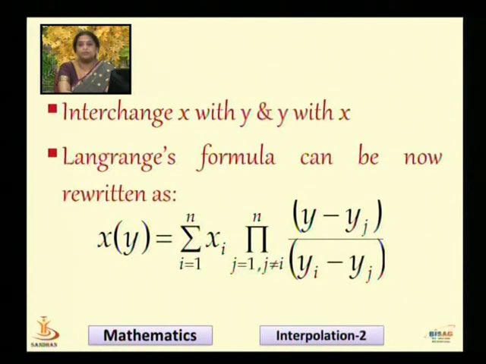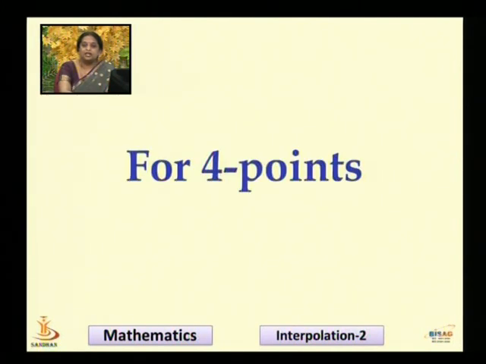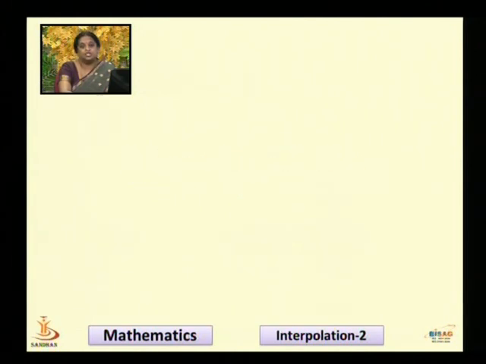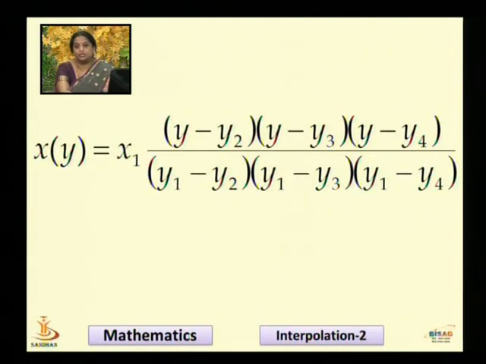You can see from this equation that our Lagrange's interpolation polynomial has simply been rewritten by interchanging x with y and y with x. Let us consider the form of Lagrange's inverse interpolation for 4 tabulated points. Since we have got 4 tabulated points, we would be having 4 terms in the interpolating polynomial.